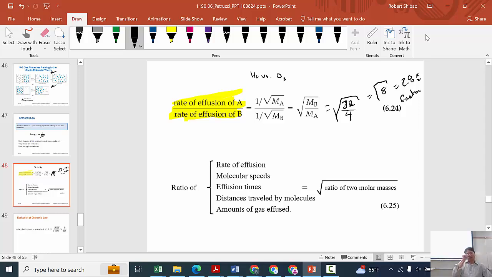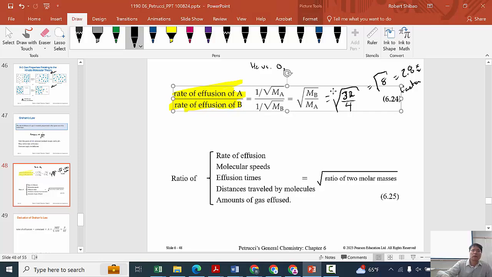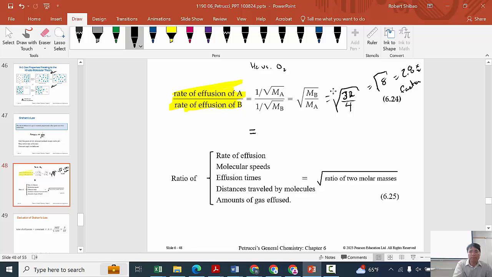So even though oxygen weighs 8 times more, it's not 8 times slower. We have to do this kind of ratio with the square root. The square root screws things up for doing it easily. All right, this is the rate, and the time it takes is inversely proportional.